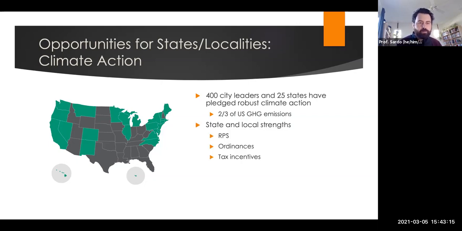So what can states do? Well, states can pass ordinances about building codes and renewable energy portfolios. These are RPS, renewable portfolio standards, requiring that a certain percentage of the state's energy be produced by sustainable or carbon-neutral energy. They can establish tax and cap-and-trade programs, like California's cap-and-trade system for greenhouse gases.